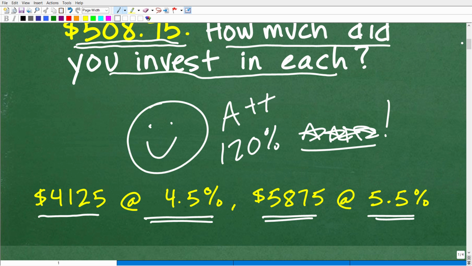Now, you may have solved this problem correctly, or you may have been pretty close to getting the correct answer. But even if you didn't get the right answer, you still want to attempt the problem. This is the number one thing that I think a lot of math students don't understand. You can't just look at a problem and say, oh, I can't do that, and not try.